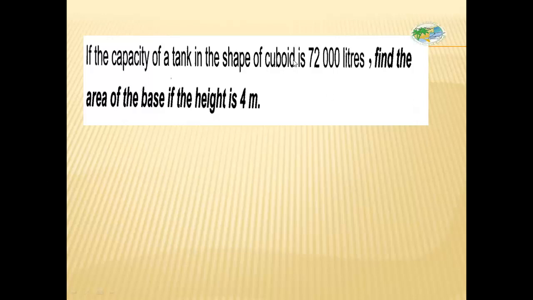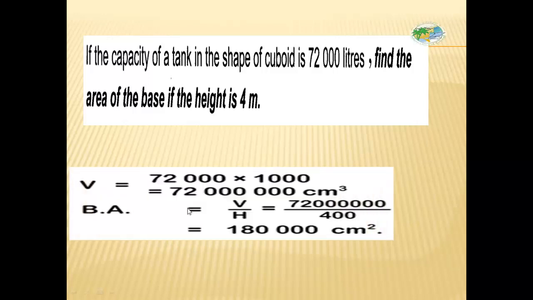Look, take care, primary 6. We have liter, meaning decimeter cube, and meter. We have different units for these questions. Should be changed from decimeter cube to meter or meter to decimeter cube, as you like. The volume, 72,000 liter, which is decimeter cube, multiply by 1000 to change into centimeter cube.